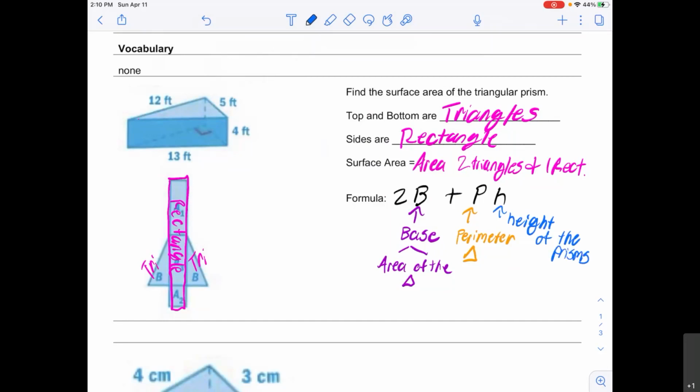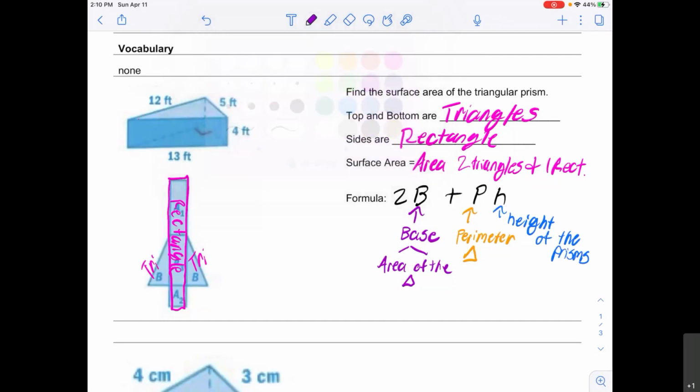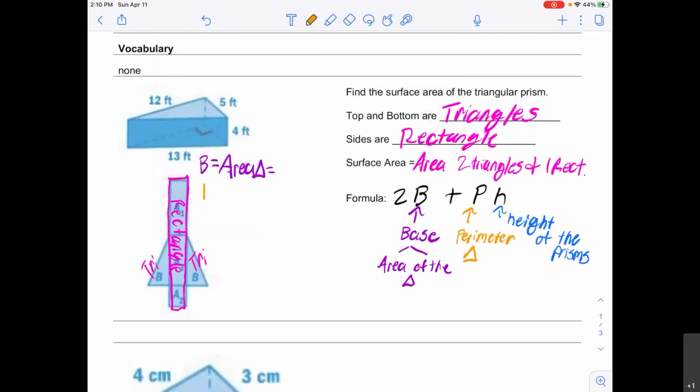Okay? So to solve this, what we're always going to want to do is start by finding the area of the triangle, and we want to find the perimeter, as well as finding the height of the prism.